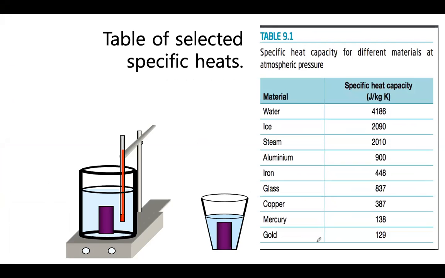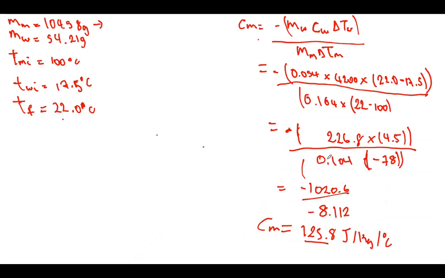Gold. What a thing. We are using gold and we didn't know. So our specific heat capacity is close to gold. 125, 129. So that's our metal.